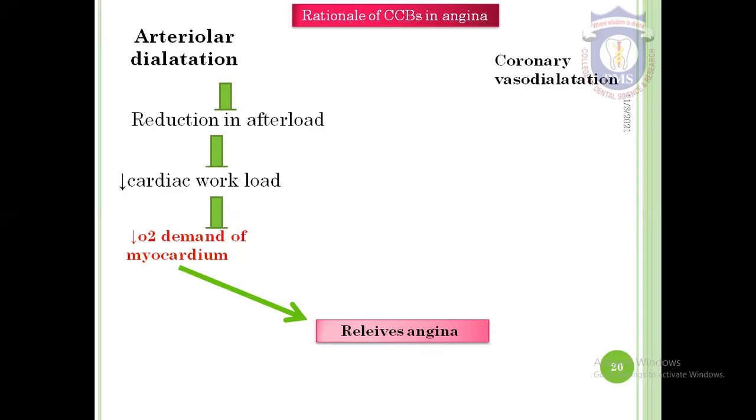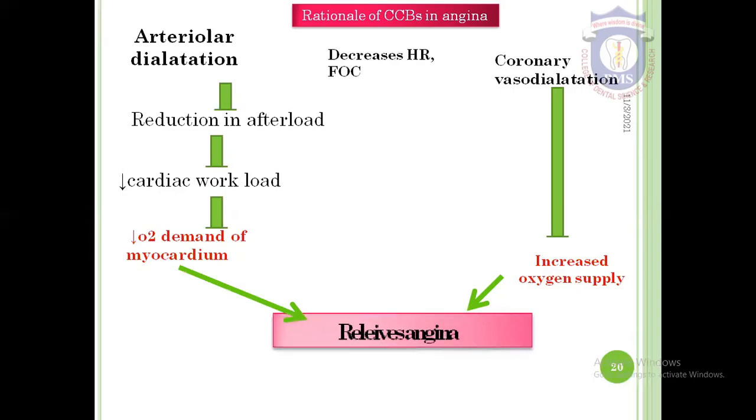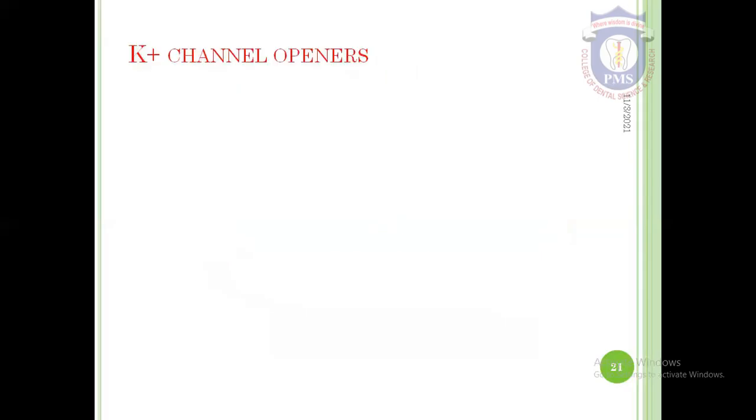Calcium channel blockers also cause coronary vasodilation, thereby improving the oxygen supply to myocardium and relieving angina. As a result of blockade of calcium channels, they also reduce the heart rate and force of contraction, thereby reducing the cardiac workload and decreasing the oxygen demand and producing relief from angina.